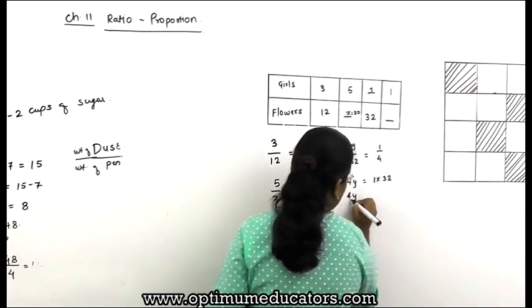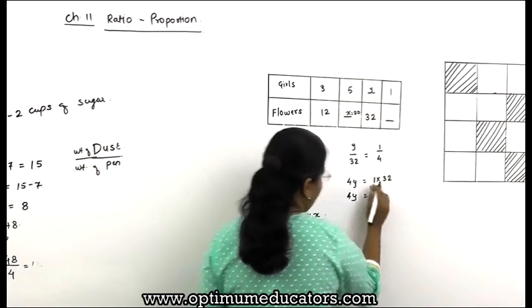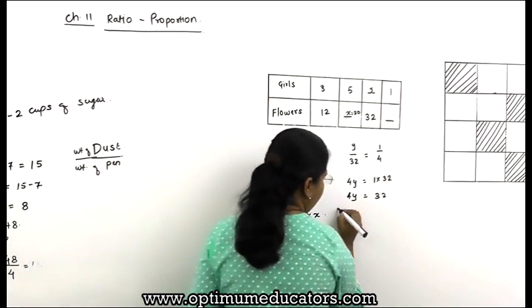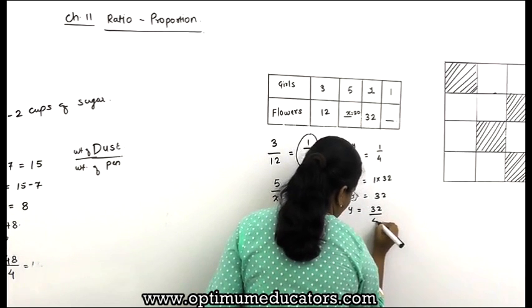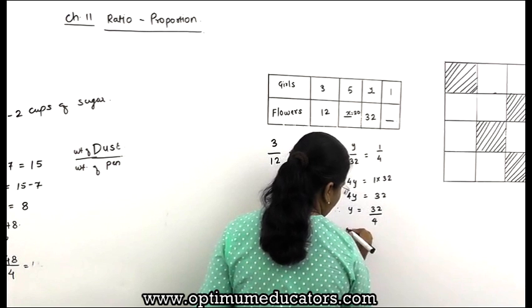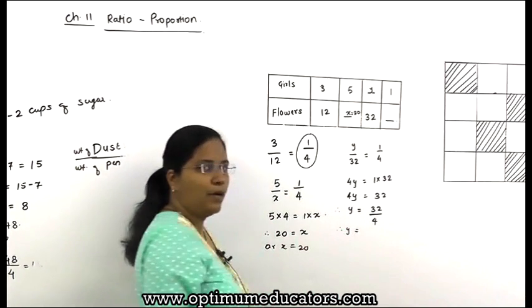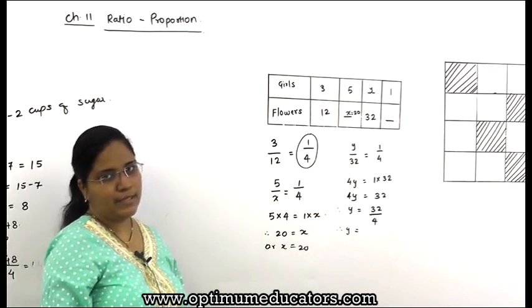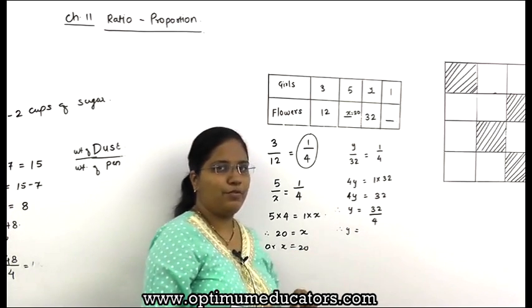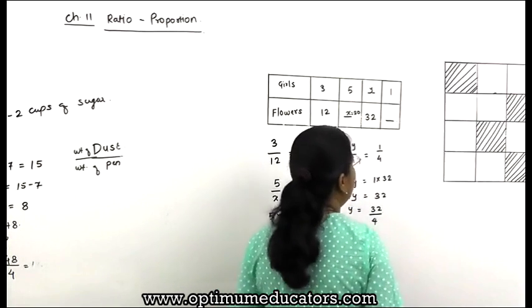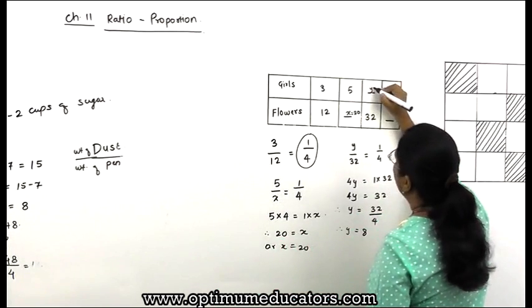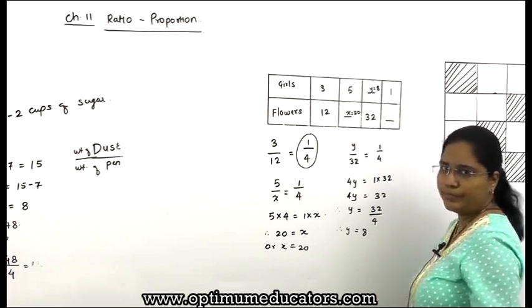So 4y is equal to 32, as 1 into 32 is 32 only. y is equal to 32 upon 4. Now is 32 a multiple of 4? Yes, it comes in the table of 4. 4 8s are 32. So y is equal to 8.